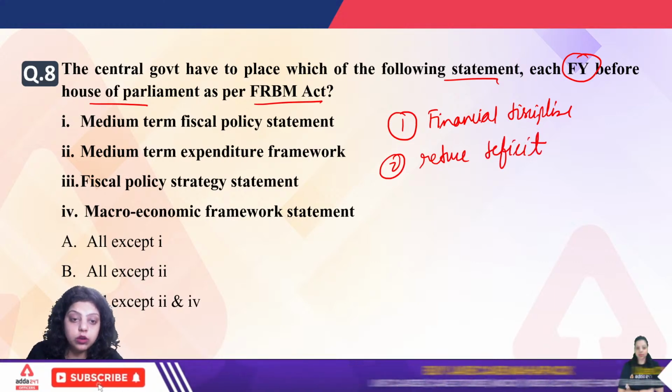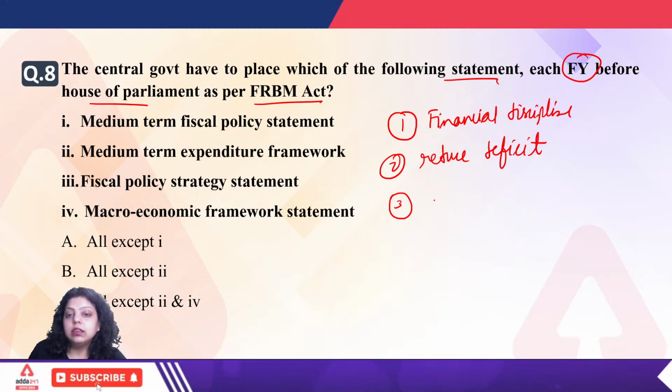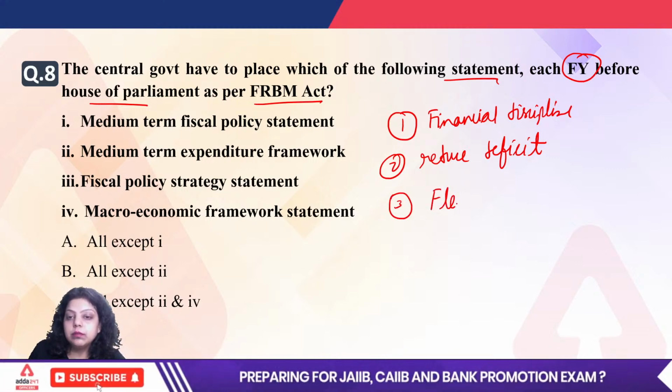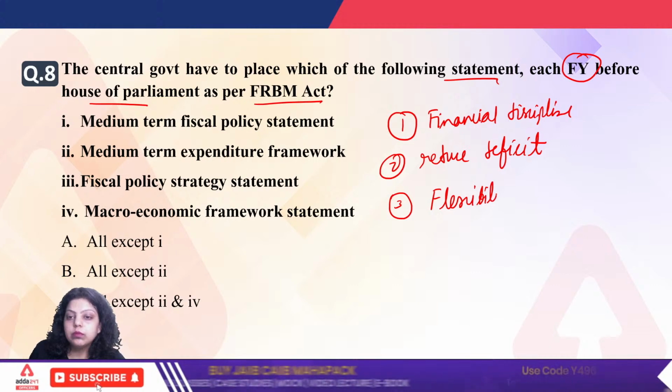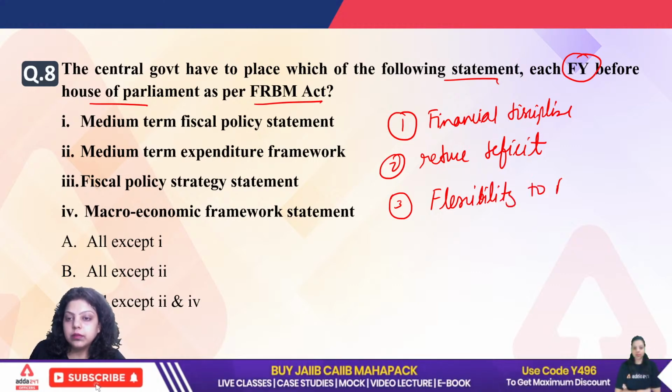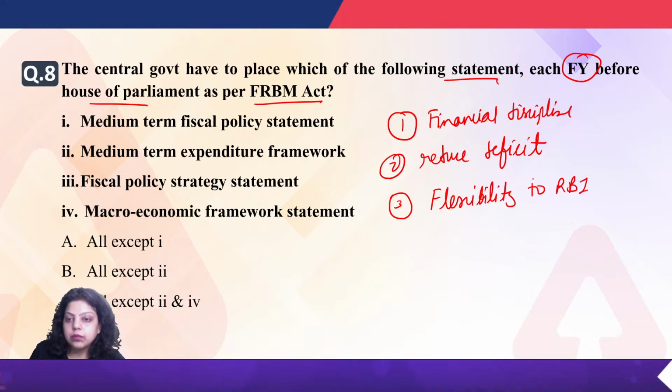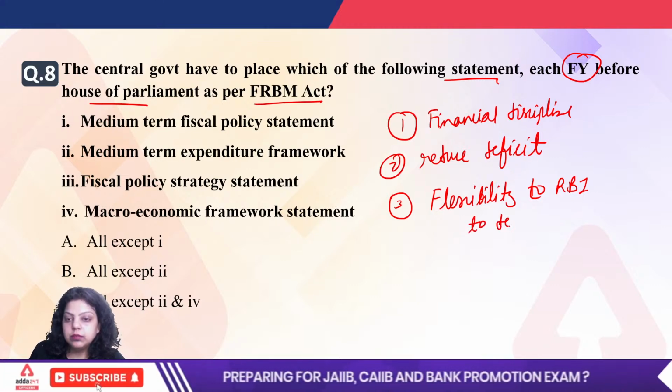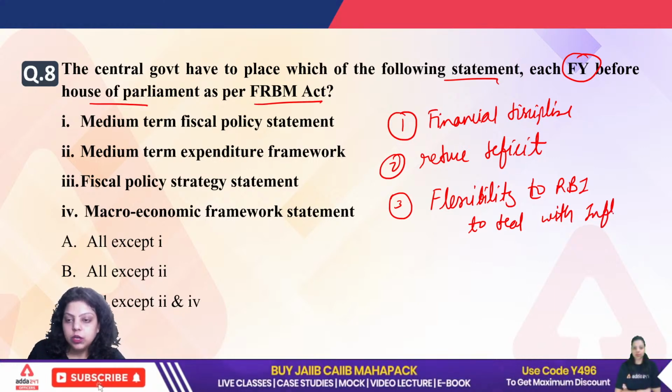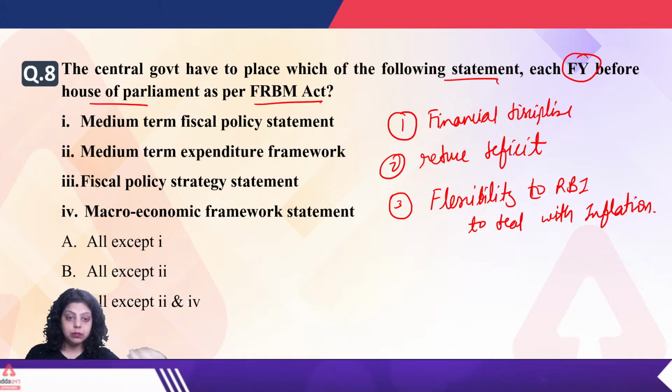Deficit means loss of the governments. And the third is to give flexibility to RBI to deal with inflation. So these are the main three objectives of Fiscal Responsibility and Budget Management Act.